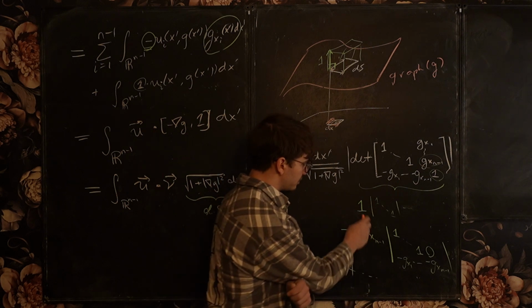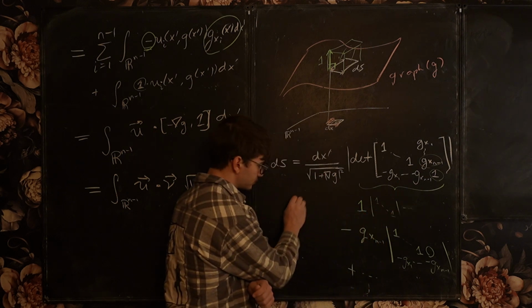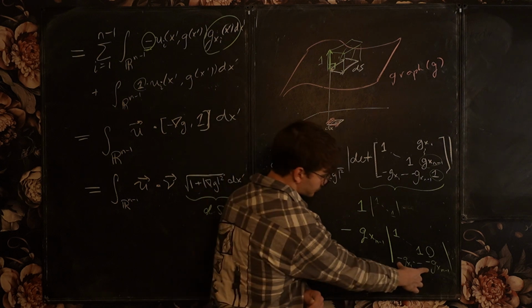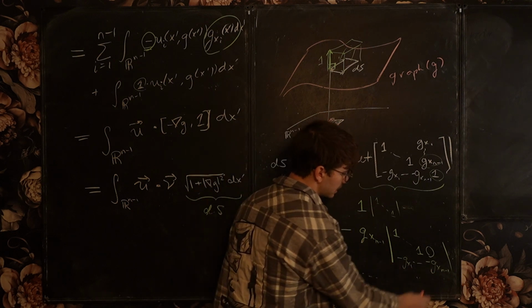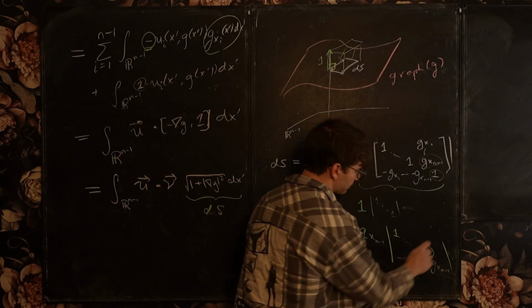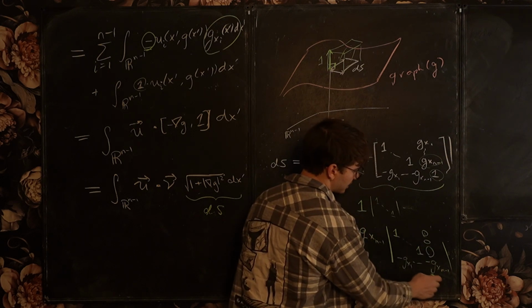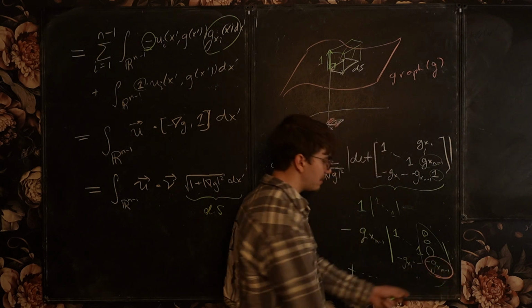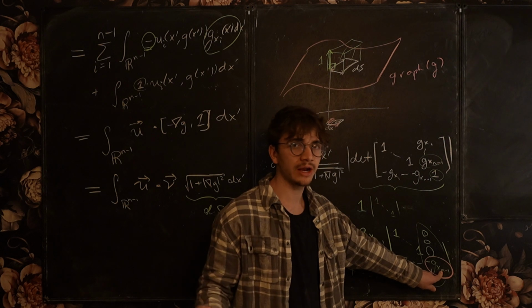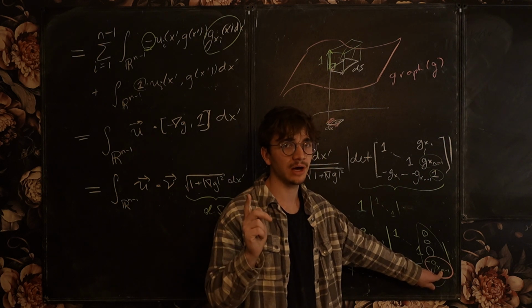So if I look at the second term, this term is just 1. First term is 1. The second term, let's expand this cofactor matrix. I have a column of zeros here, okay? So I can just expand about this column. Now g of x_{n-1}, this term is in the bottom right-hand corner, so it's automatically attached to a positive sign.